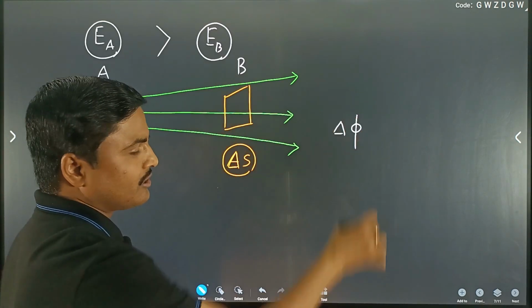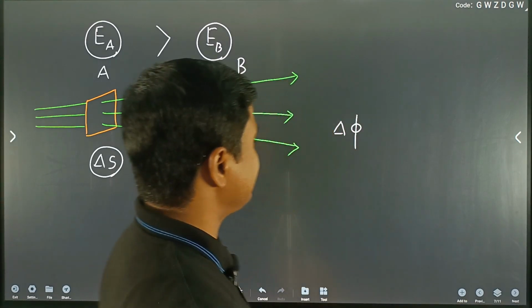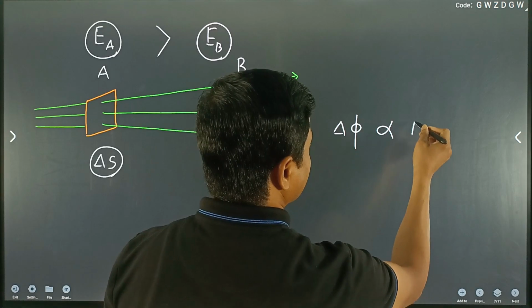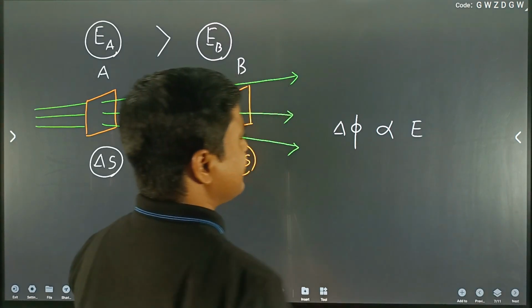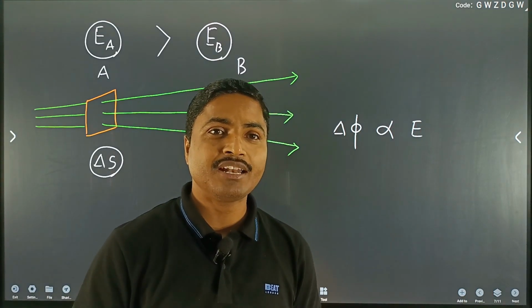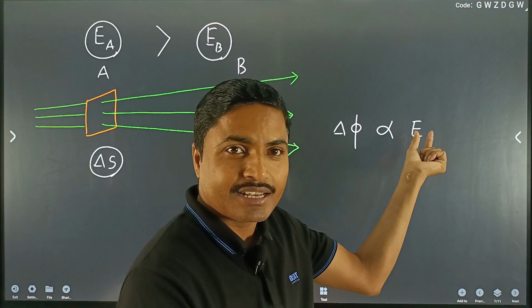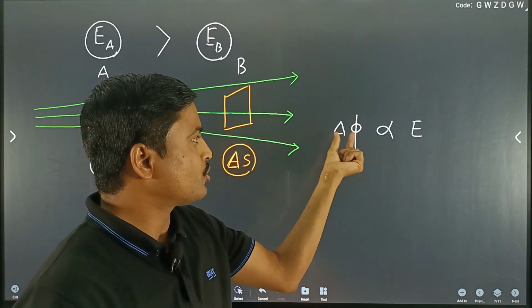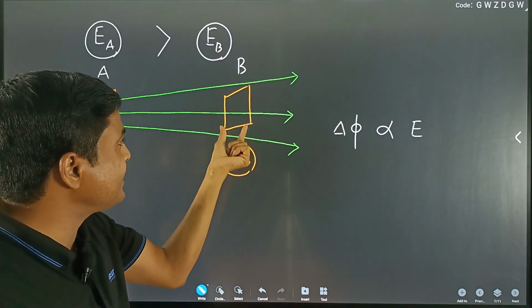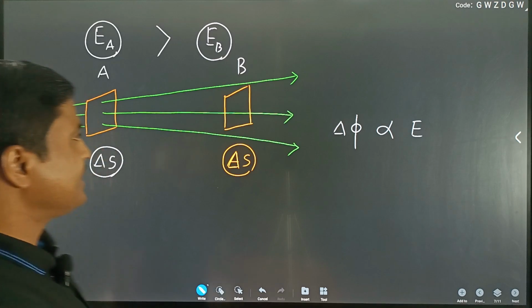Del phi means the total number of electric field lines crossing through the small area, and that depends upon the electric field intensity. If the electric field intensity is gradually increased, then the total number of field lines crossing through the small area element is also gradually increased. Clear?